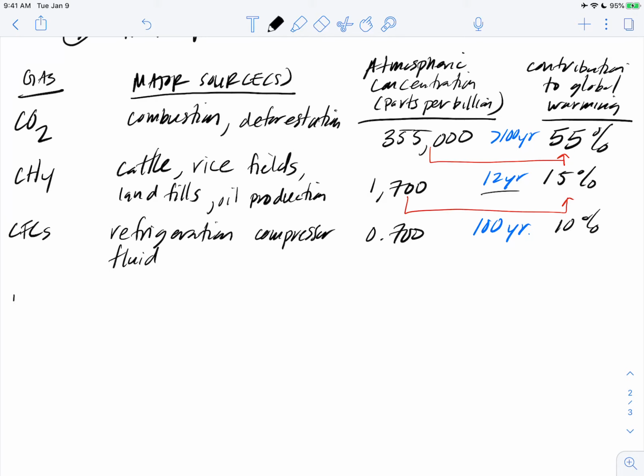N2O comes from the use of fertilizer. Also through deforestation, the process of deforestation, not the product of. Nitric acid is a very common industrial chemical, and so when you make nitric acid, you release this as well.